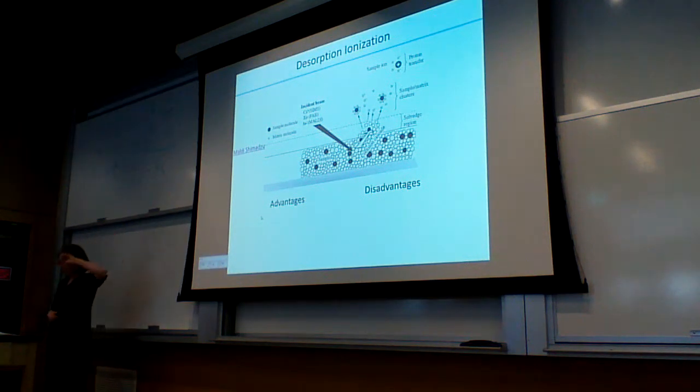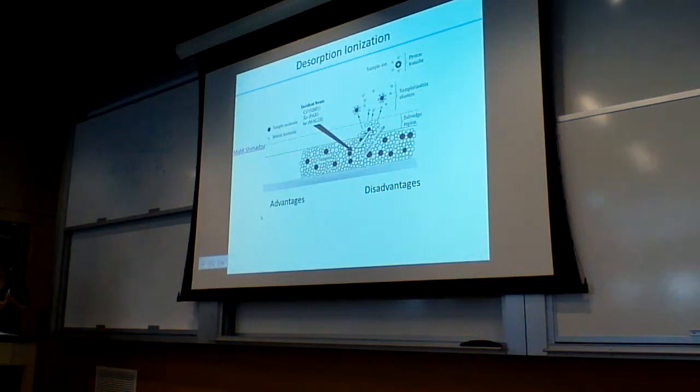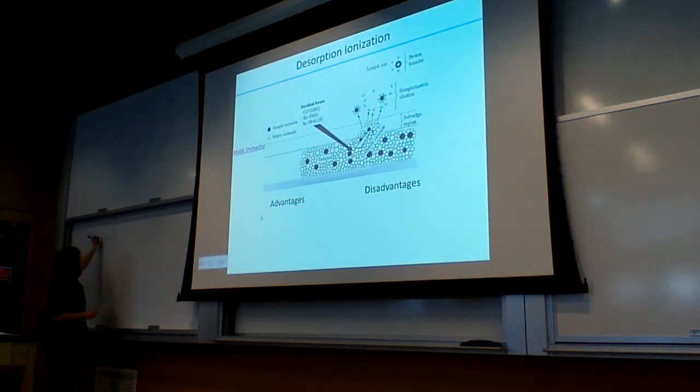Your book goes into a lot of detail on all of those, so I'm not going to spend a lot of time on the different matrices that are used. But essentially, for your best matrix, you want it to be non-volatile. You want it to be inert as much as possible, and some type of electrolyte.